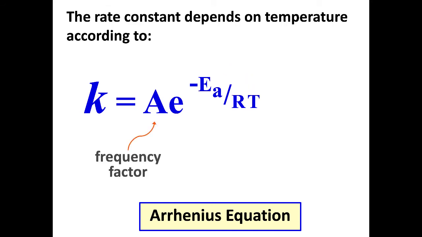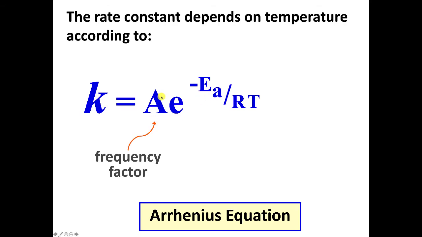So A is what's called a frequency factor. It has to do with what it kind of sounds like: the frequency of collisions, and the frequency of collisions with the proper orientation for reaction. This is something we could look into in detail, but in this class, we're going to pretty much ignore it.